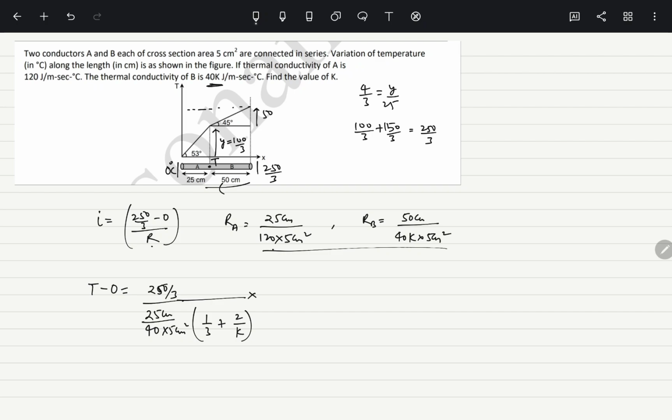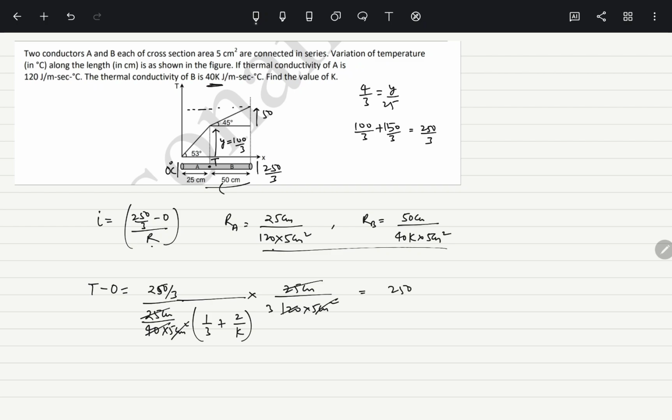So that is T minus 0 equal to I into R. What is R? RA, which is 25 centimeter upon 120 into 5 centimeter. So see, these are cancelled here. The 3 is cancelled. Okay, so it's calculation part. Now what is left here?